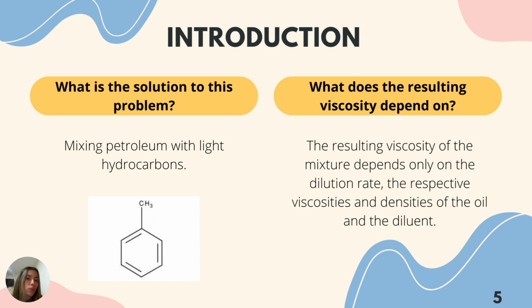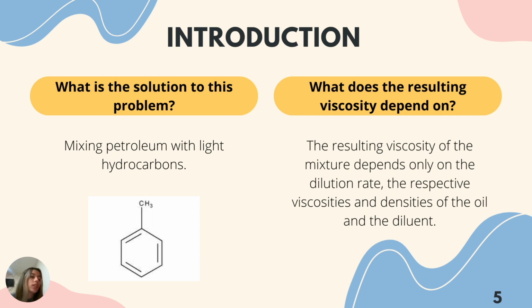What does the resulting viscosity depend on? The resulting viscosity of the mixture depends only on the dilution rate, the respective viscosities and densities of the oil and the diluent. By mixing hydrocarbons and solvents that have polar functional groups in their molecule, it is shown that the dilution efficiency of the heavy crudes increases.